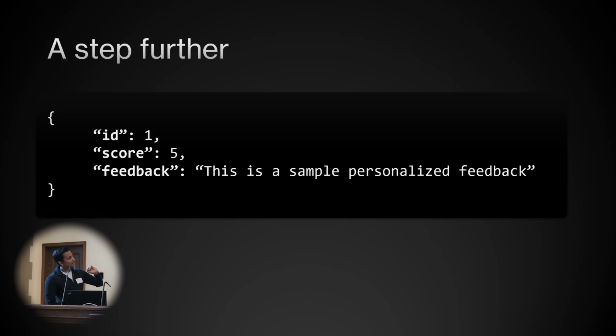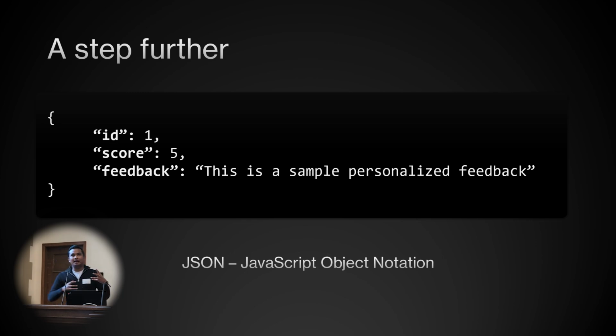So this is called JSON, or we call it JavaScript object notation. Having a structure like this is easier, so that when the LLM provides an output in this structure, we can create an automated tool so that this is going to be an input to that tool.